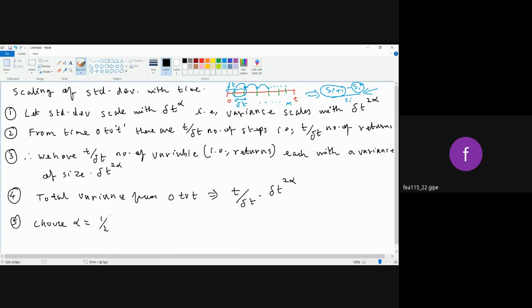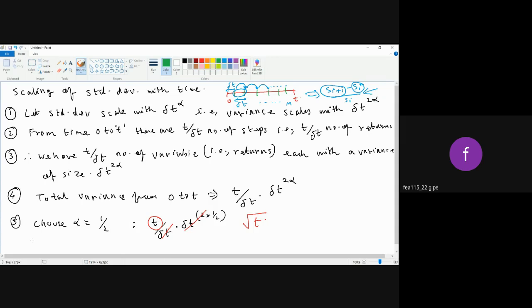So if I choose alpha equal to 1/2, the above equation becomes t by delta t into delta t raised to 2 into 1/2, so I can cancel out my delta t's. So I have variance which is going to scale with t. So standard deviation will scale with square root of t. So this is another result which you need to remember, and something which we'll require later on. We are going to be using this during our discussion on risk management as well.